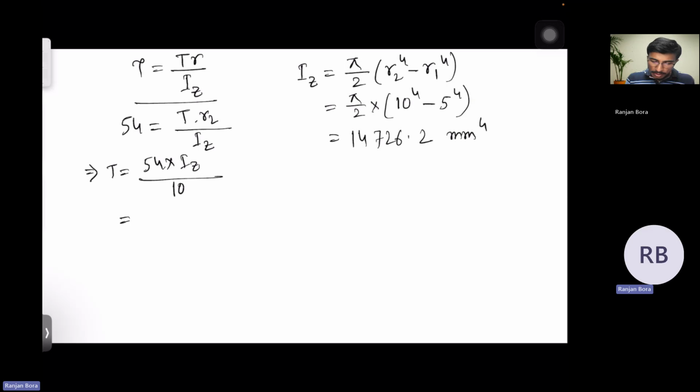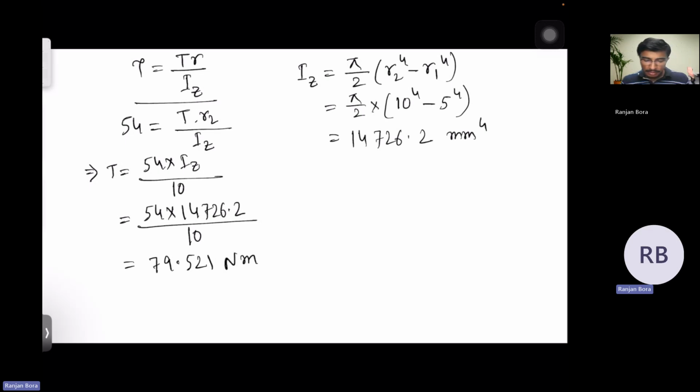So 54 cross 14726.2 comes to 79.521 Newton meter. This much torque should be applied to reach the shear yield stress.